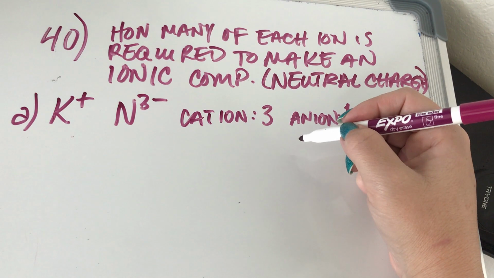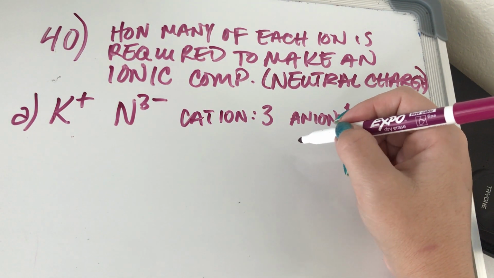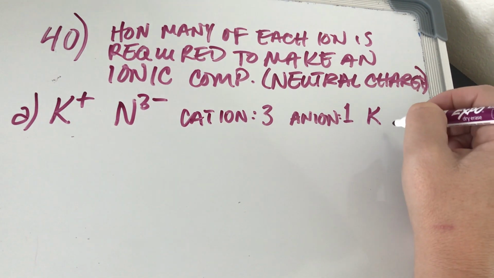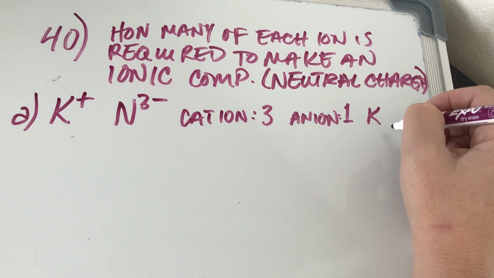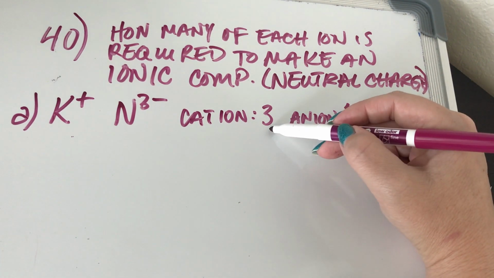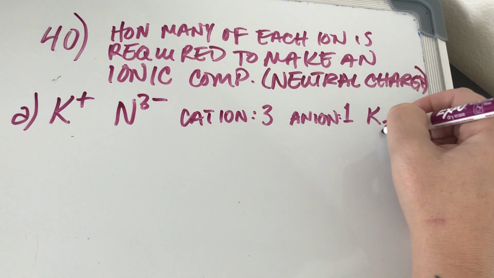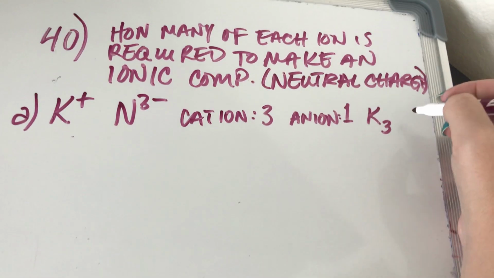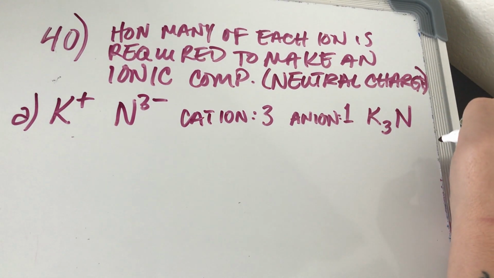And then the chemical formula would be, so this number is going to come down here. That's how many cations we need. And then we don't write the 1, it's implied.